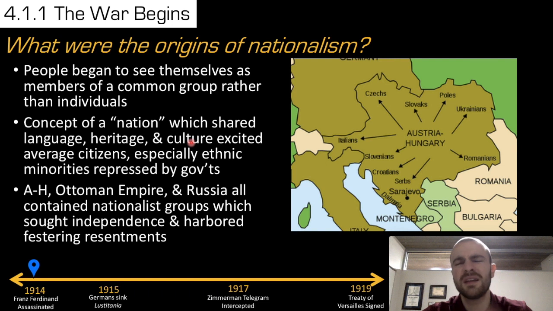And so maybe I should give you a more concrete example. Here I put an image of the Austro-Hungarian Empire. Now, this is an empire that no longer exists. You have a country of Austria, you have a country of Hungary, but you don't have the Austro-Hungarian Empire. But this empire that existed prior to World War I and during World War I had actually included many, many different ethnic or cultural groups.